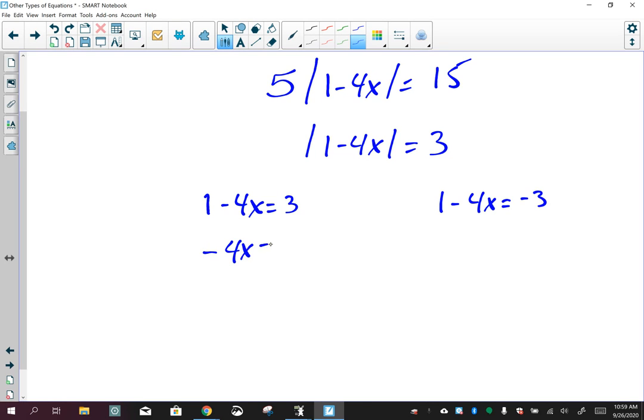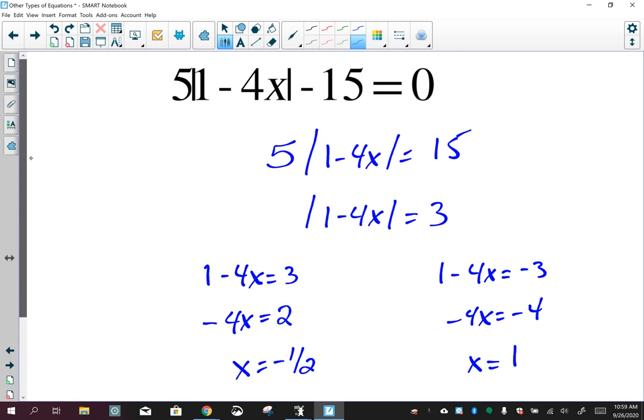So negative 4x, and I move the 1 over, I wind up with a 2. Divide through by the -4, and I get -1/2. Over here, when I move the -1 over, I get -4x is equal to -4. And then I'm going to divide by the -4, so I get x is equal to 1. When I come back up here and plug this in, I get 1 minus 4 times -1/2.